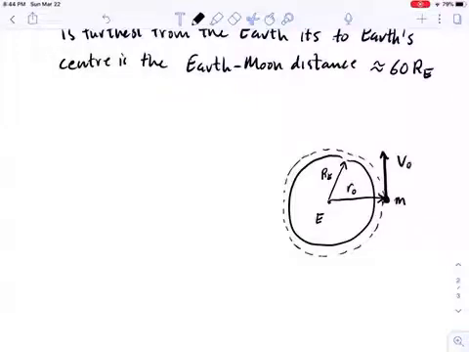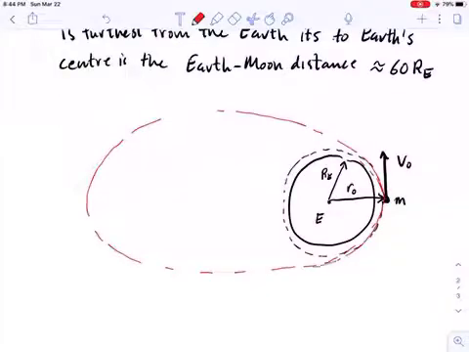So we go from the circular orbit speed to a speed v0, and after we do that, the orbit that we get becomes elliptical, and it looks something like this. Okay, this may not be a perfect ellipse, but you get the idea.